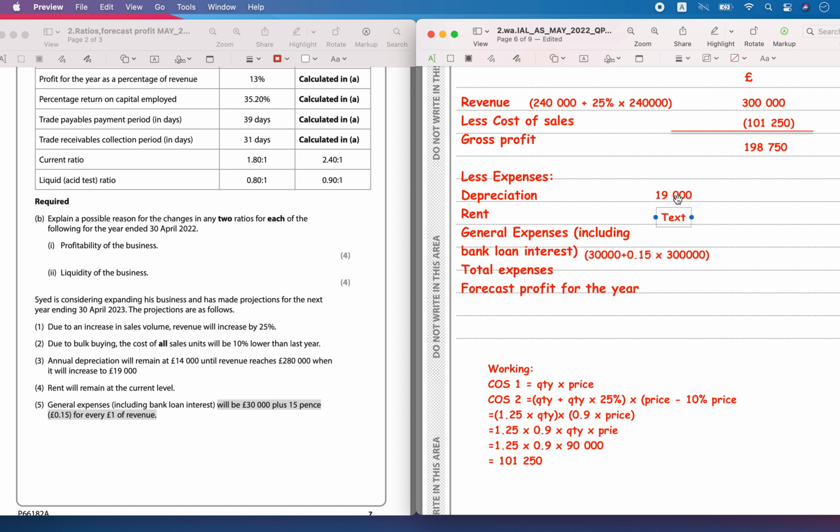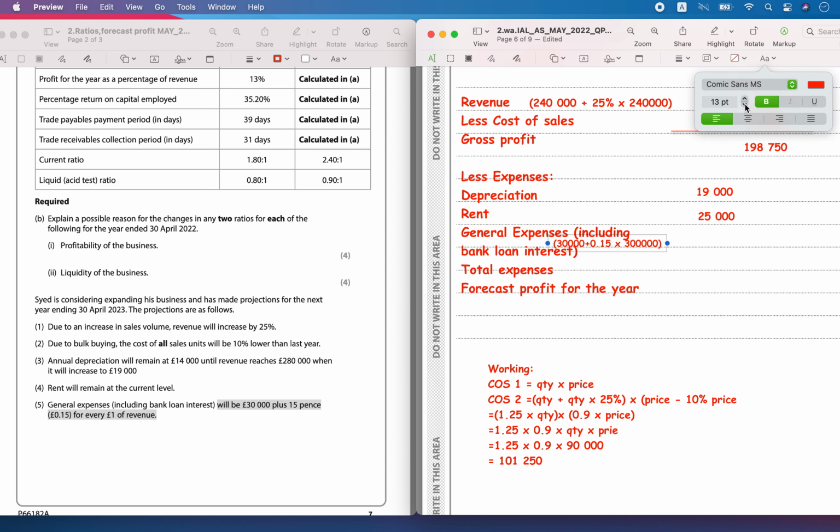So we have the depreciation charge. The rent is the same, it is 25,000, and then this expense is going to be equal to 75,000.